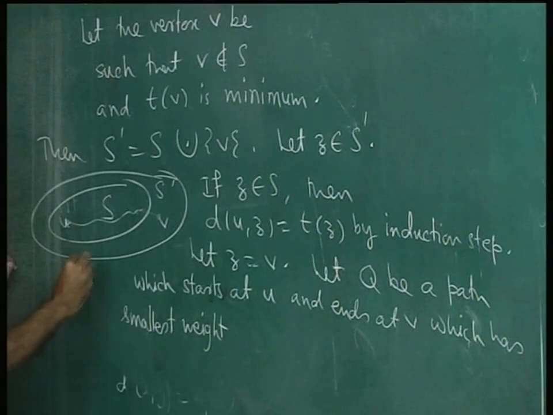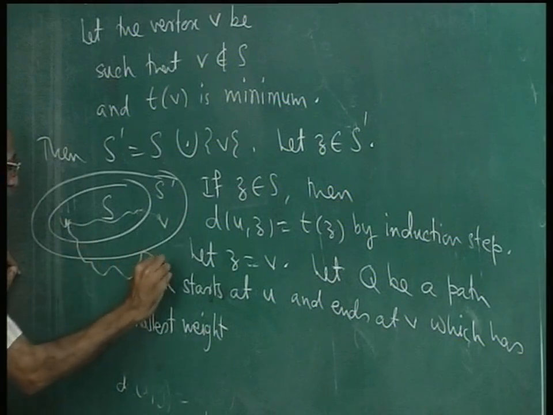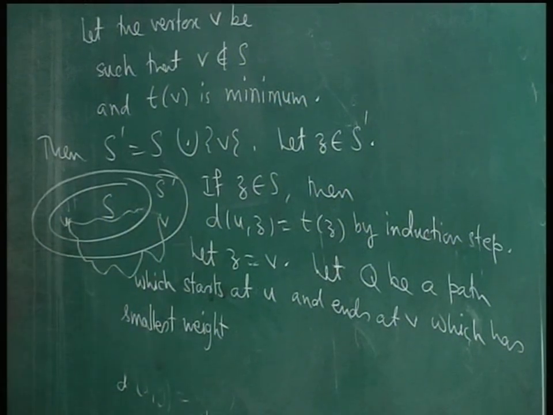So Q is a path that begins at U, goes somewhere like that, and then ends there. This is smallest weight.